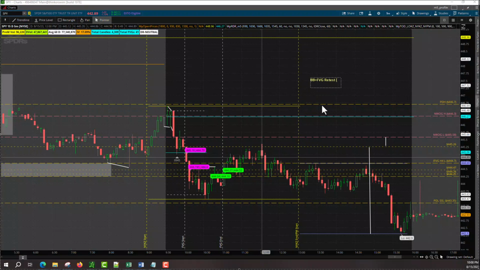And it's the DR model. You can call it a mid-range retest. This is the mid-range right there for the DR. Go ahead and retest going down. And this is a short setup for us, right?